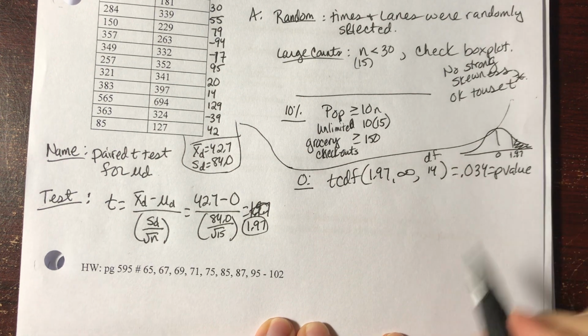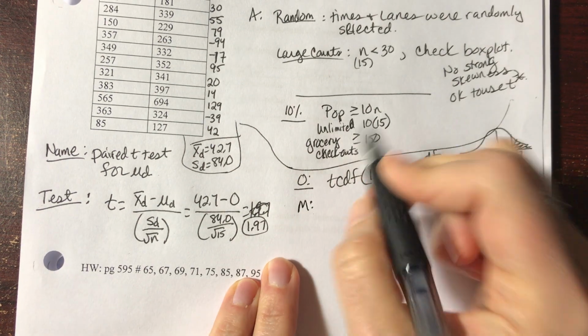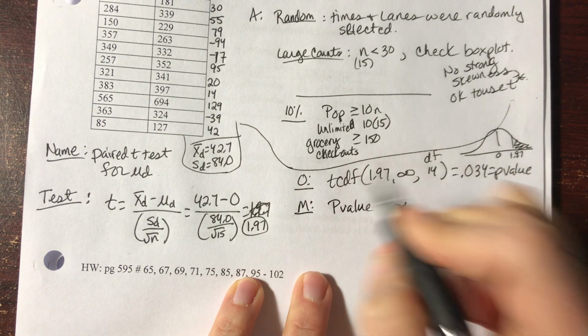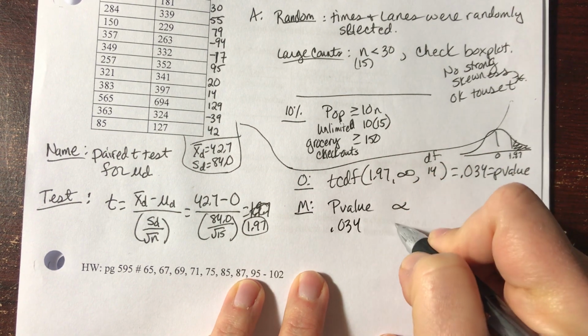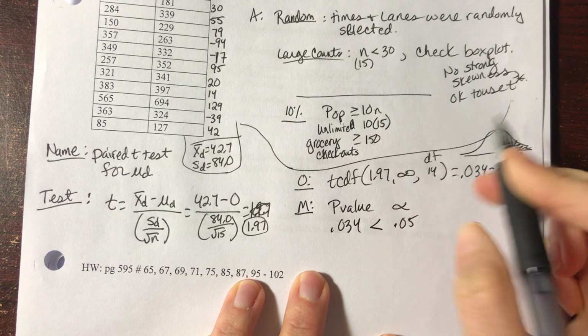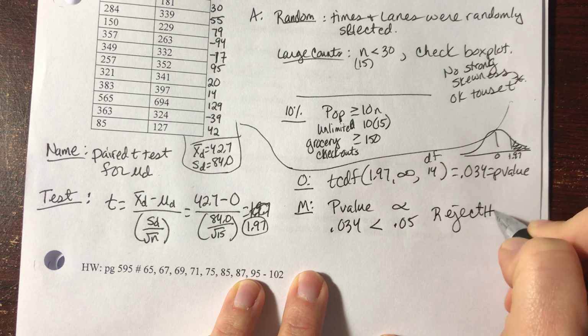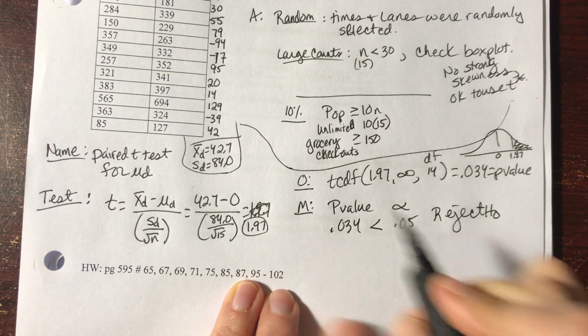Okay, which means now we need to make our decision. All right, we're going to compare our p-value to our alpha. Our p-value is 0.034. Our alpha was 0.05. That's less than, which means we reject the null. Remember, all of this is necessary.